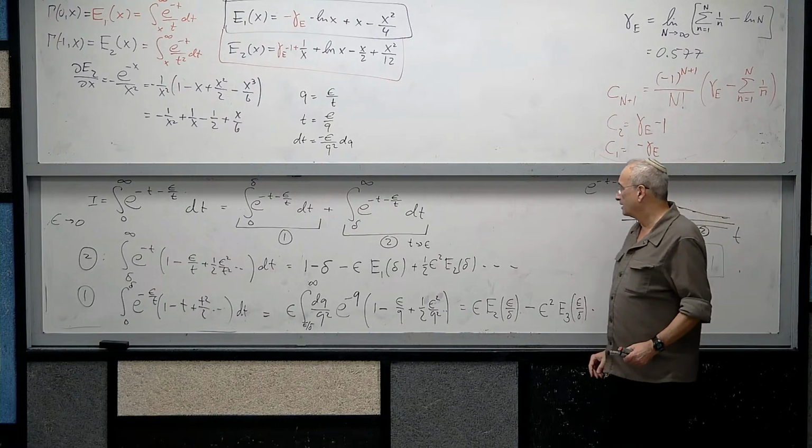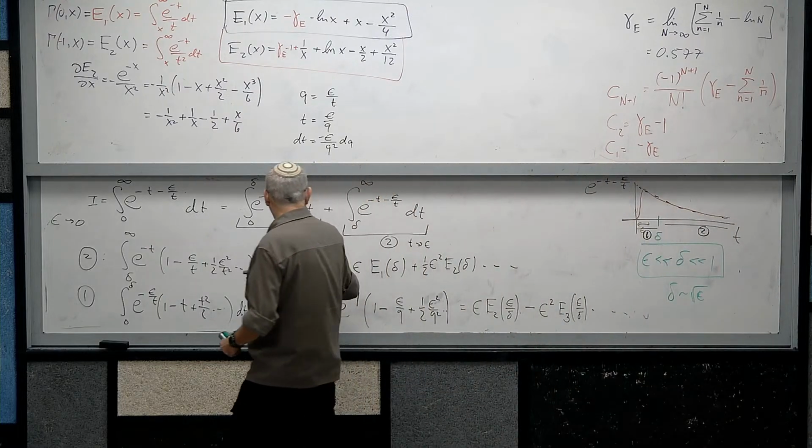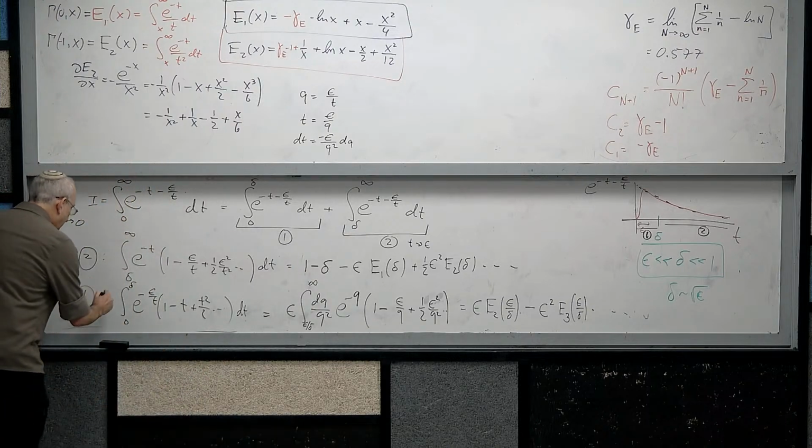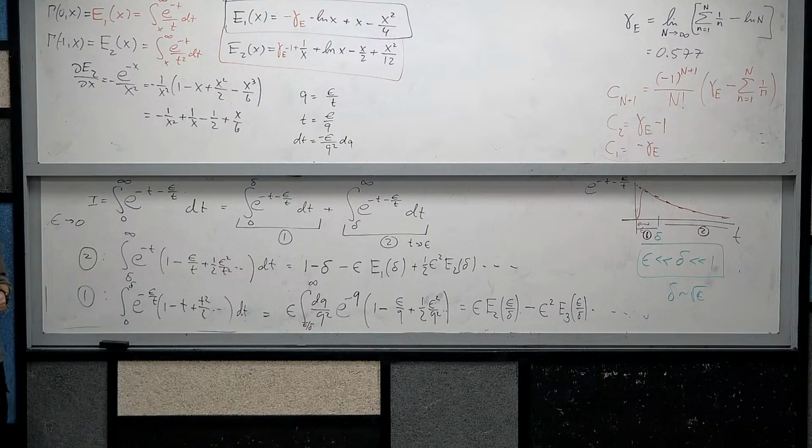Okay. So we have integral 1 and integral 2, and now we want to collect all terms up to order epsilon.